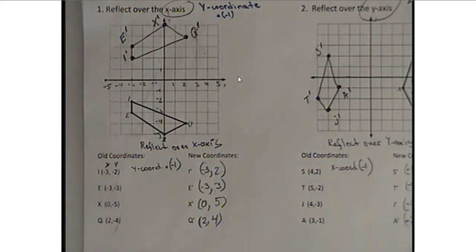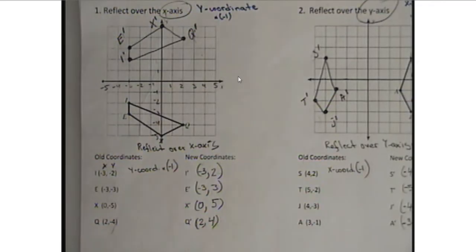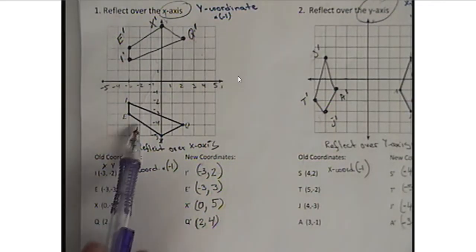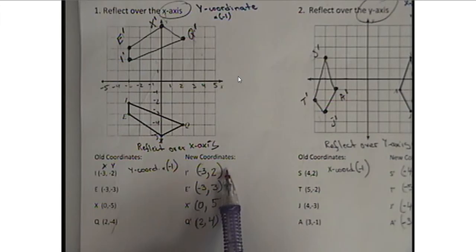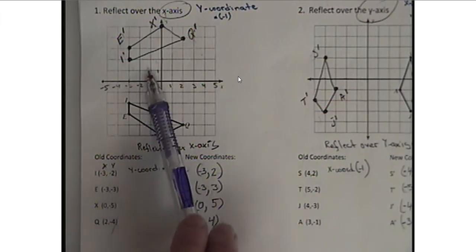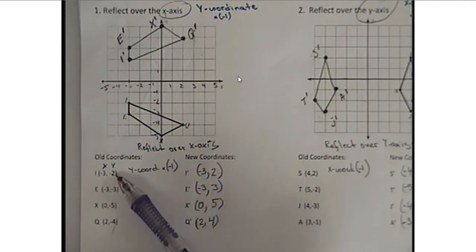So when we are reflecting over the x-axis, which is this horizontal line, one thing to remember is once we have the original shape and the coordinates of each one of the points, we have to find the new coordinates for the reflection shape. In order to do that, the only thing you have to change is variable y.